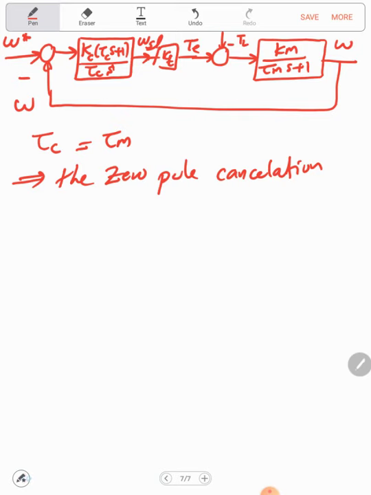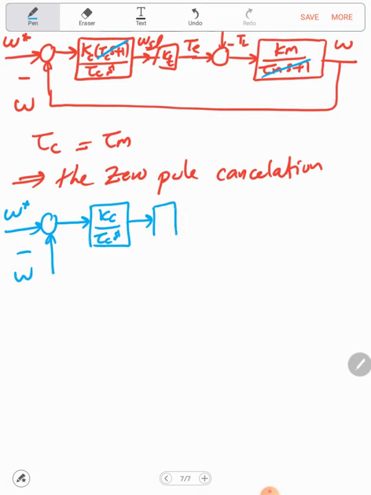So if this is the case, then this zero will cancel this pole, and we'll end up with omega star minus omega. Here we'll have Kc over tau c s.